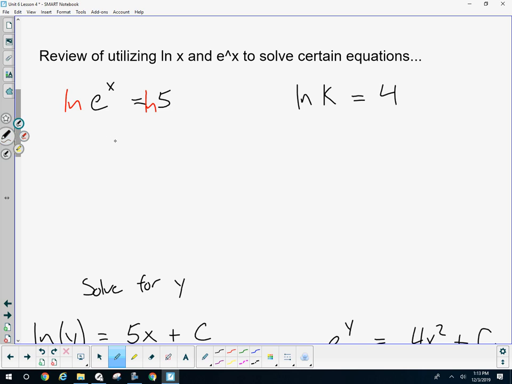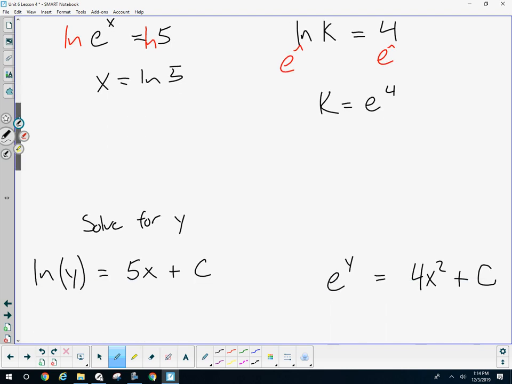Log of e to the x, being inverses, will undo what the other one does. If you have log of a variable equal to a number and you want to solve for that variable, you would take e to the power. That's how this inverse would work, giving you k equals e to the 4th. Okay? So that is review from Unit 4.